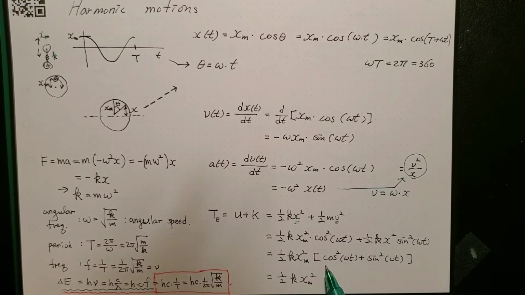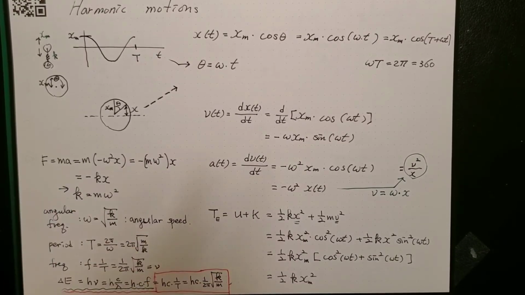Then you realize that if you take these units out, you get these, and you know this equals 1, so you get this as the total energy. So in this expression of the total energy, the k is actually a force constant.